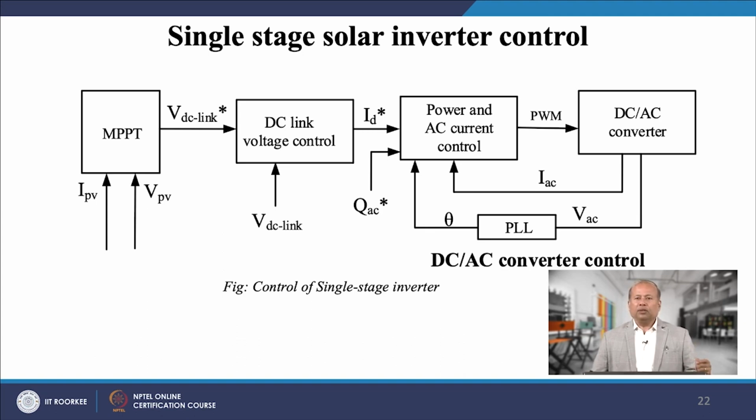Note that the control system is implemented in the DQ frame with the synchronous reference frame of the PLL. Here ID star represents the D axis reference current, which will control the active power. Similarly, we can control the reactive power injected to the grid so as to provide voltage support by tracking the reactive power reference QAC star.